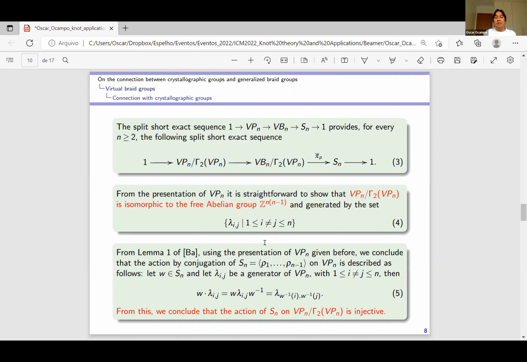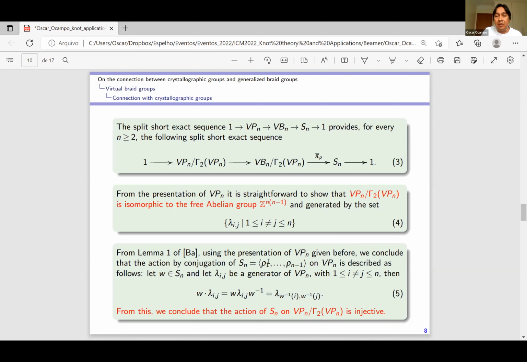And it is not difficult, from a lemma in the article of Bardakov, that the action, in fact, is very similar to the action in the classical case. It's just the action of the element in the indices of the pure virtual braid element.